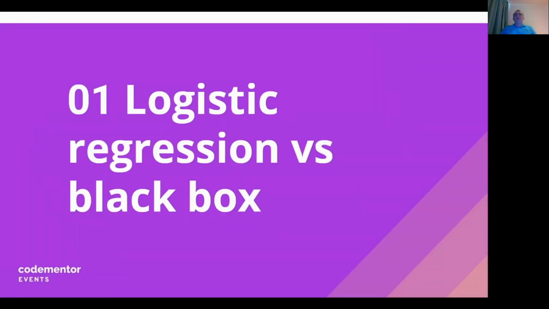The first topic will be a comparison of logistic regression and black box model. Why do I think that it's important? First of all, because logistic regression looks like something absolutely outdated.